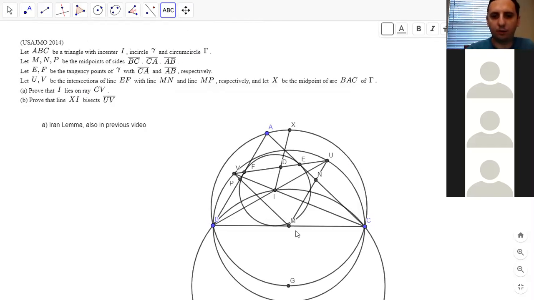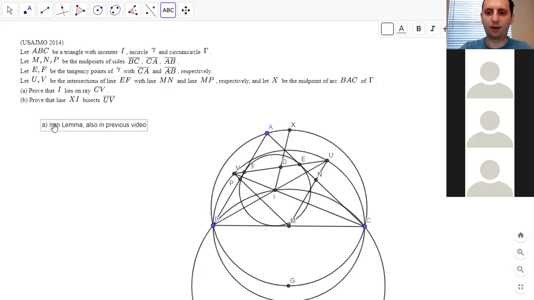Is it like we draw the circle centered at M and passing through B and C, and then we let the bisector hit it at U prime, and then we try to show MN and U prime are collinear? Oh, yeah, no, it really is just an angle chase.